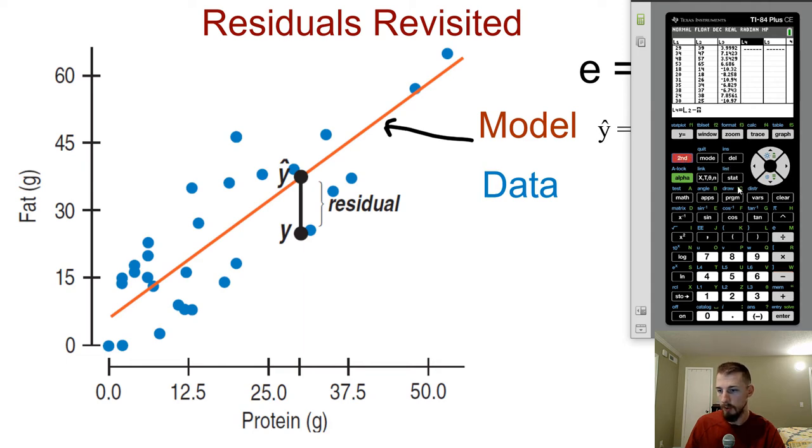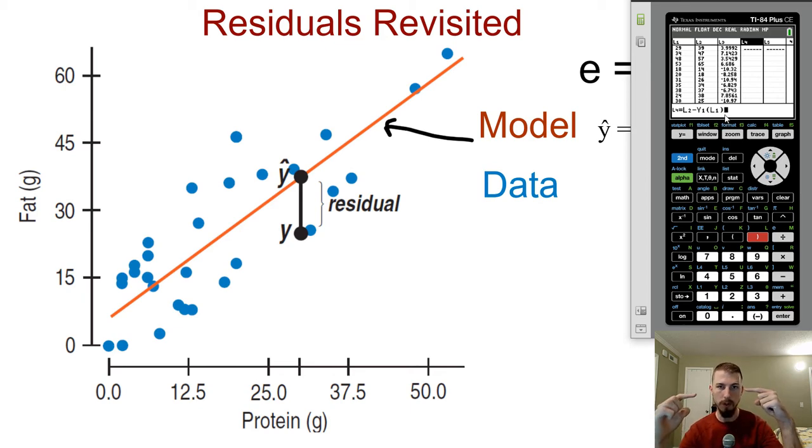So I'm going to go to variables, y variables, function Y1, and then I'm going to evaluate that at list 1, which is going to be our x values. So the function evaluated at the x values, our domain, is going to give us the set of predictions, and we're going to take the set of the actual values minus the set of their predictions, and it's going to line those up.